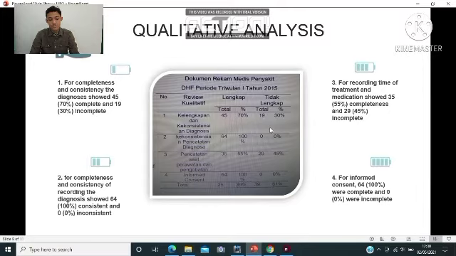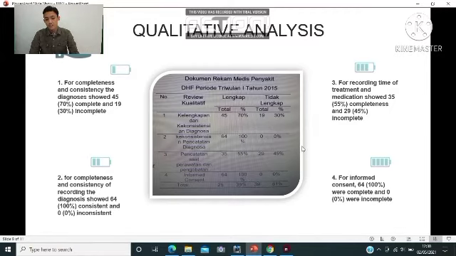Two, for completeness and consistency of recording, the diagnosis shows 64, 100% consistent, and 0% inconsistent.